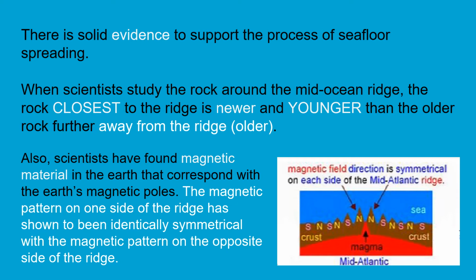That means, like if I had a compass, my magnetic north might point toward the North Pole at the current mid-ocean ridge, but millions of years ago, if I had my compass out, my magnetic north would point toward the South Pole, the geographic South Pole. And these have switched back and forth over millions of years.